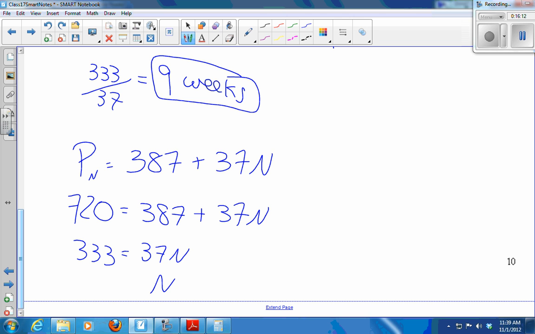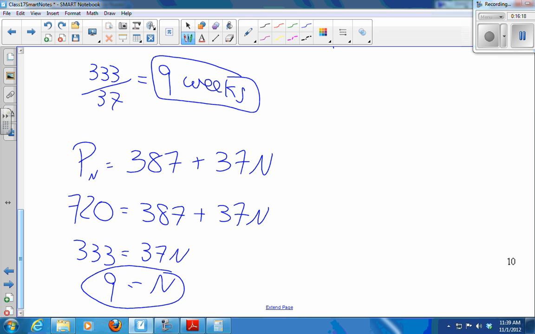And we end up with n equals 9. So you can do it either way. If the algebra is comfortable for you, do it with algebra. If you'd rather just think about what's happening, do it that way. Or you could make a table. That takes too long.